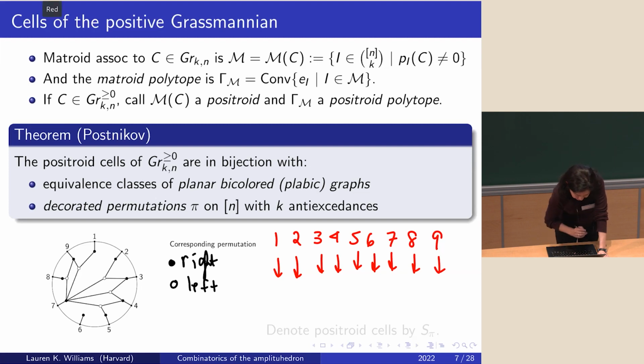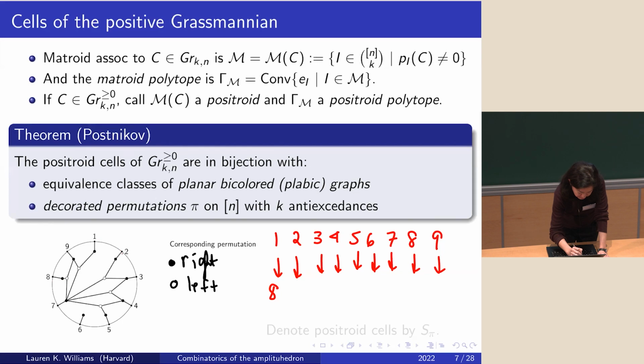So, for example, if we start at 1, we go here, see a black vertex, turn right. Go here, see a white vertex, turn left. Now we see a black vertex, so we turn right. Now we see a white, so we turn left, and we end up at 8. So 1 goes to 8. I'll do one more example.